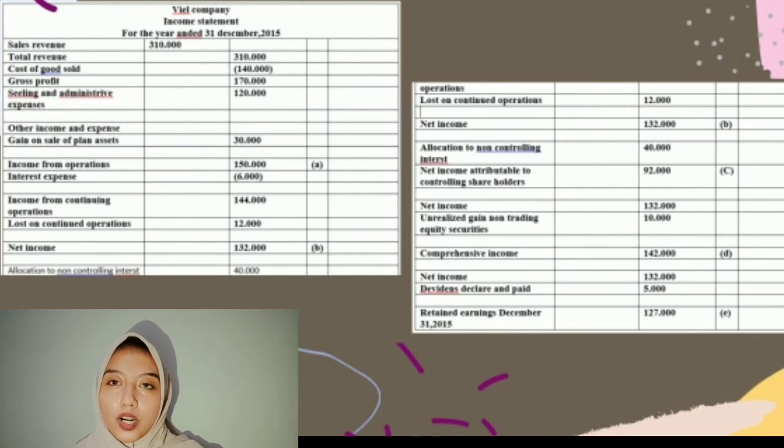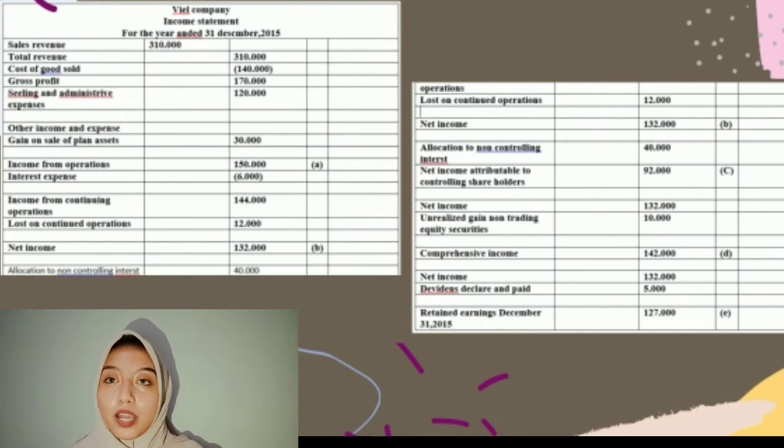Next, we look for net income attributable to the controlling shareholder of the company. Net profit of 132,000 minus allocation to non-controlling interest 40,000, namely the result of 92,000 net profit attributable to controlling shareholder.